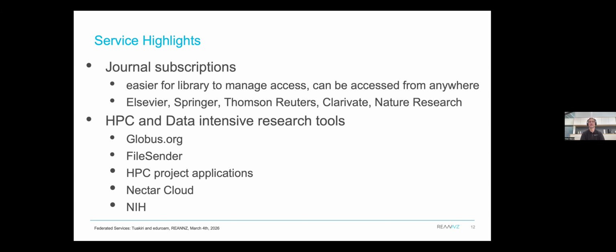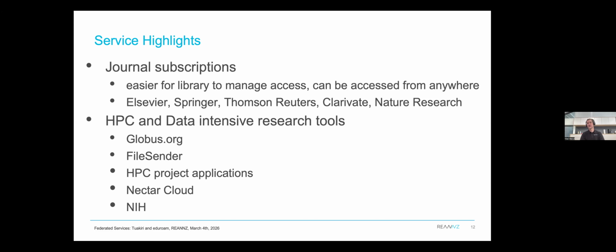Then we also have services that provide access to high performance computing and data-intensive research tools. So as I already used as the example, globus.org, the data transfer service. We run the REANNZ instance of FileSender that uses Tuakiri for authentication. Our advanced computing services use Tuakiri for both the projects portal for submitting project applications and for actually accessing HPC services.